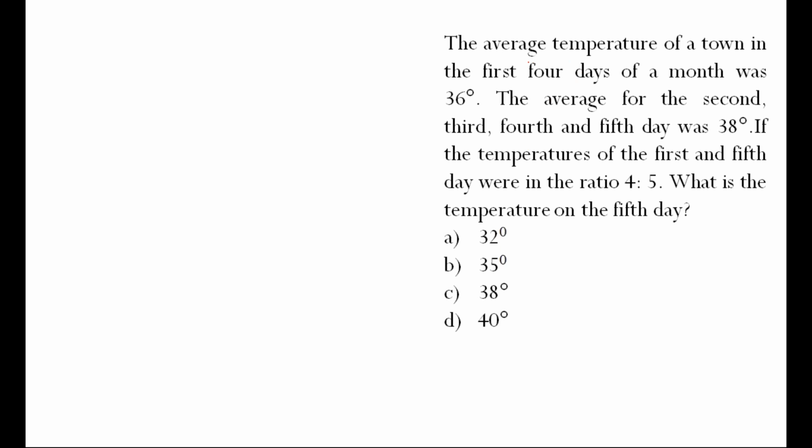The average temperature of a town in the first 4 days of a month is 36 degrees. We know the sum equals average into number of days. The average here is 36 and the number of days is 4.